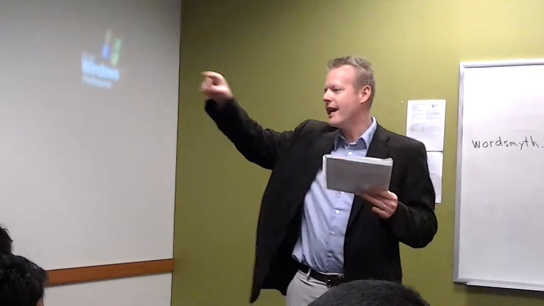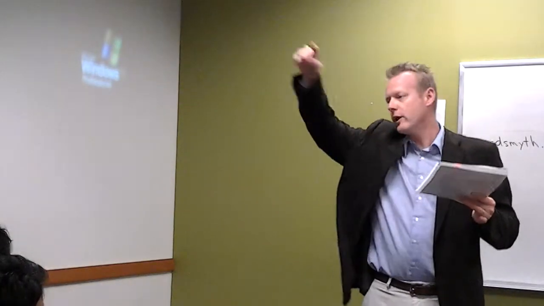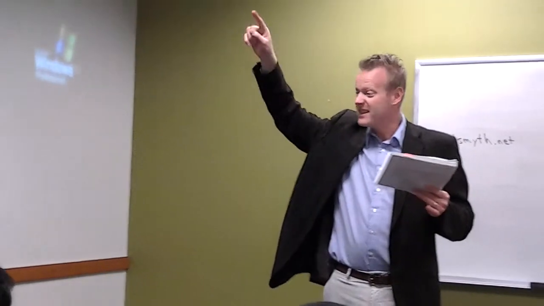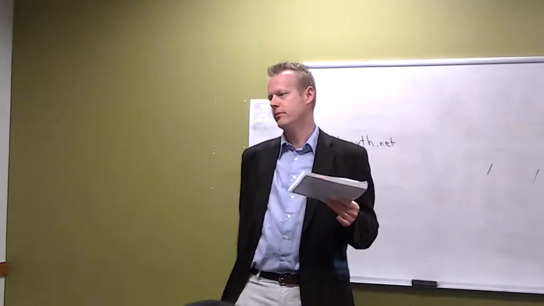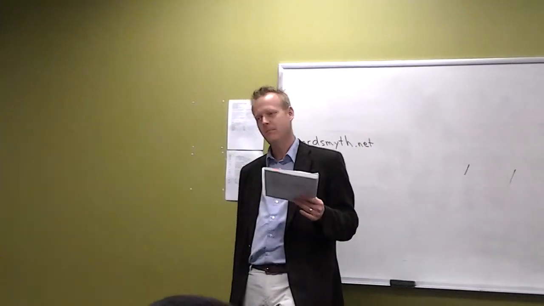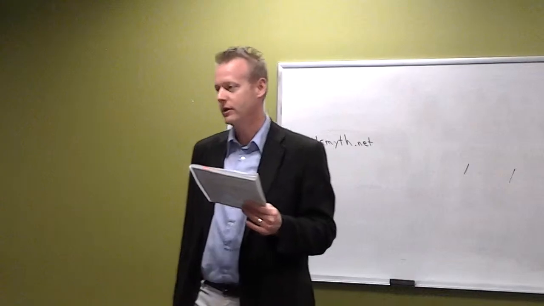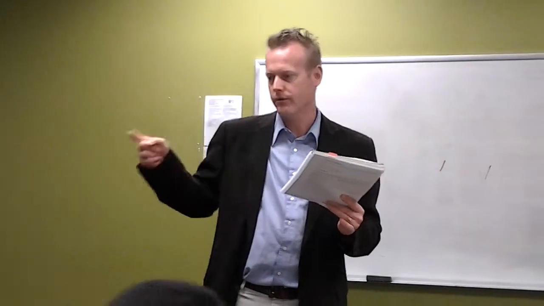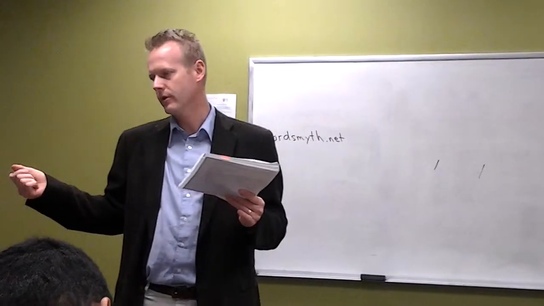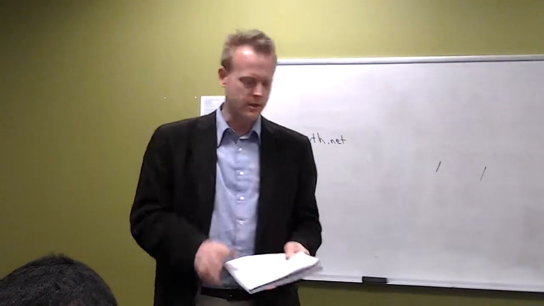That means there's a transfer of action from the subject to the object. If it's an I, intransitive, it means it's impossible to put an object on it. Now, some verbs can be both, transitive or intransitive. You okay? That's what it means.